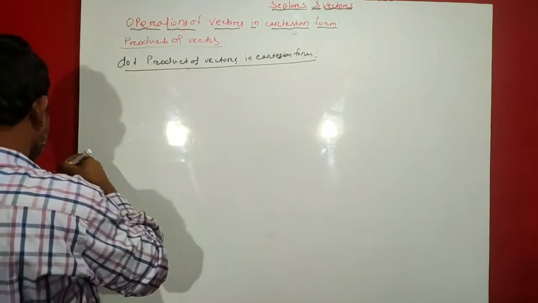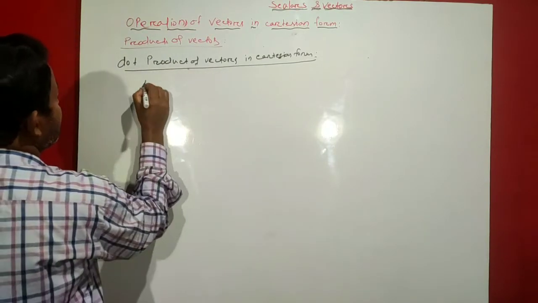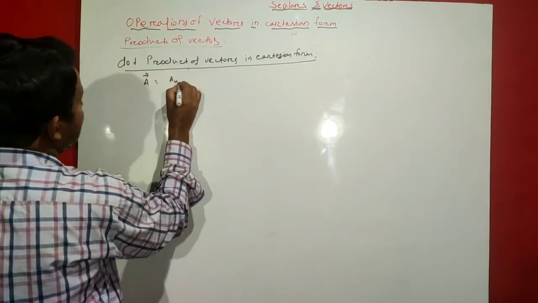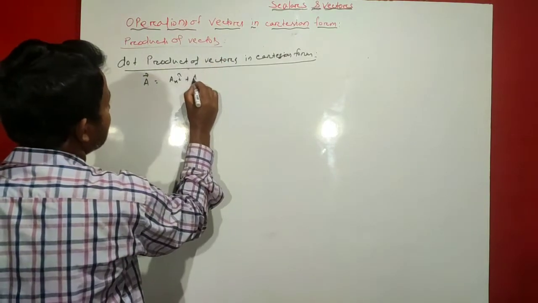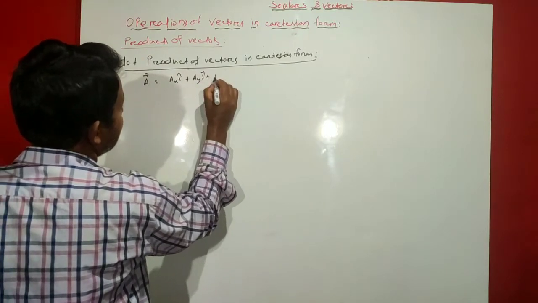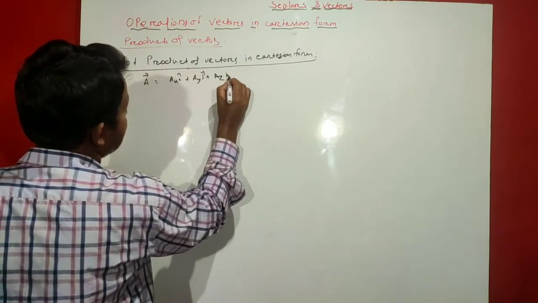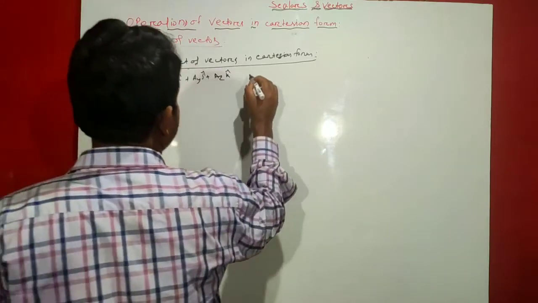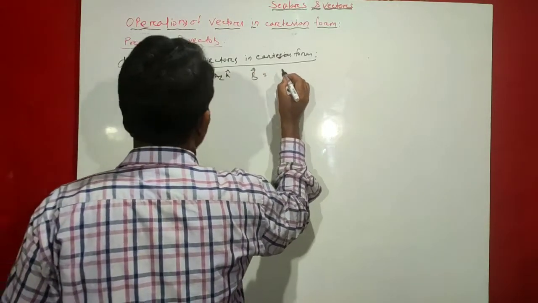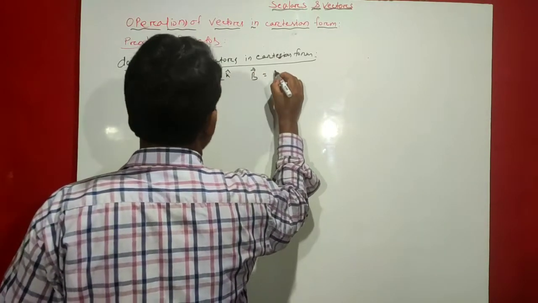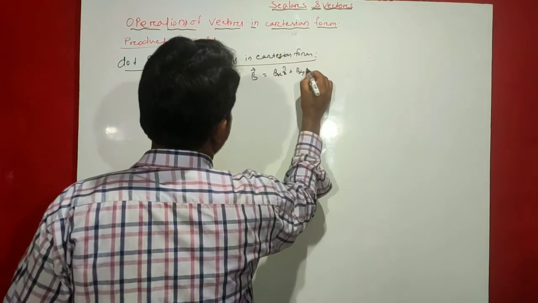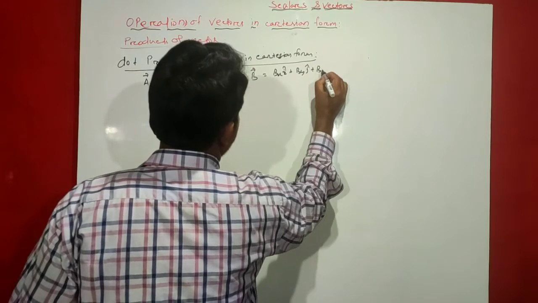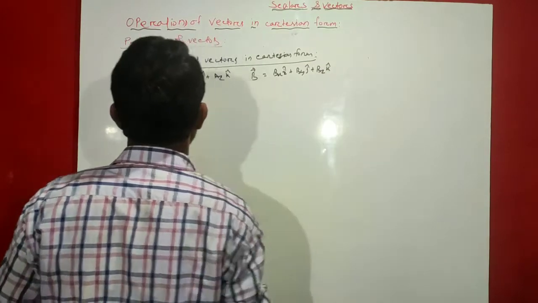Let suppose a vector A having the components ax i cap plus ay j cap plus az k cap. Then another vector B is having the components bx i cap plus by j cap plus bz k cap.